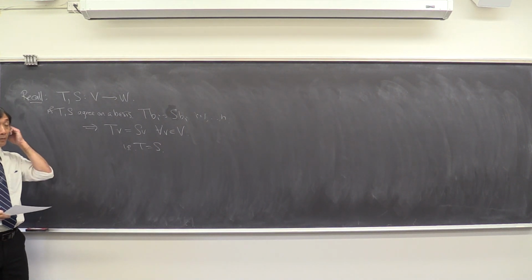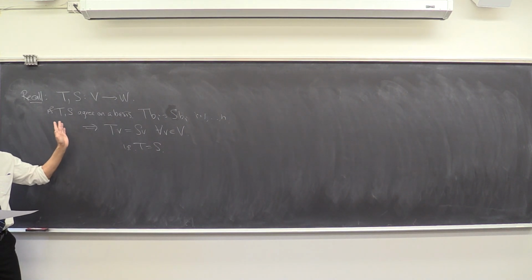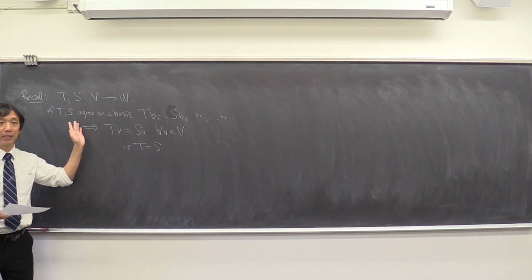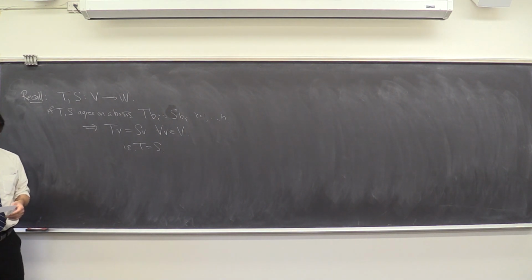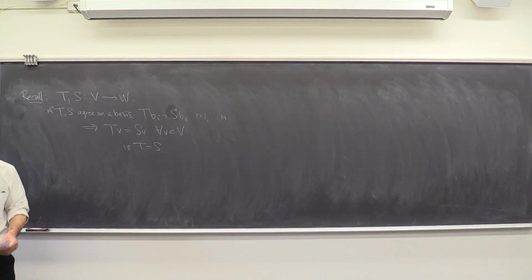So to check if 2 linear transformations are identical, you just need to check that they behave identically on a basis. That's something very important to keep in mind during what we're talking about for this class.